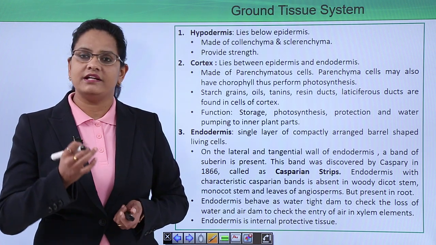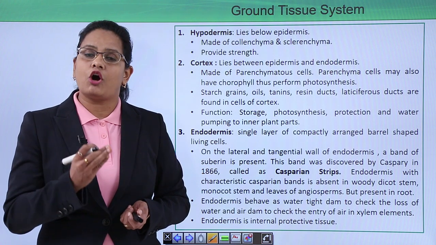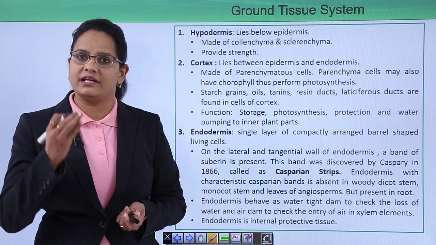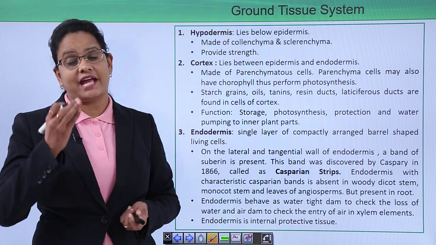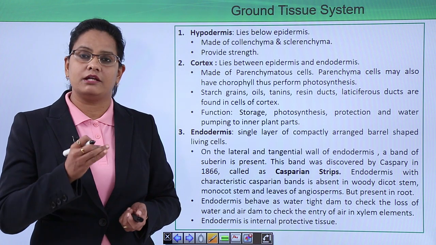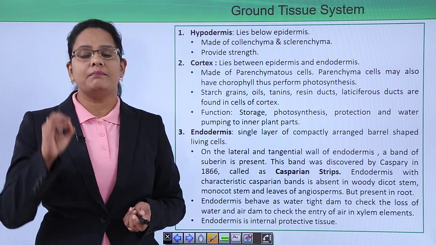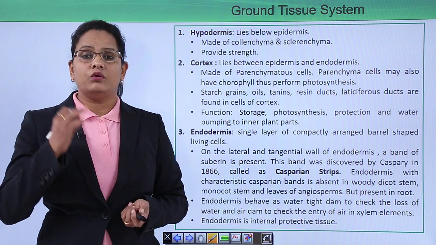We have studied in collenchyma tissue very clearly that collenchyma was present at the borders and was providing mechanical strength. Similarly, the hypodermis, lying just below the epidermis, is made up of collenchyma and sclerenchyma cells, and its function is to provide mechanical strength. The next layer is the cortex.